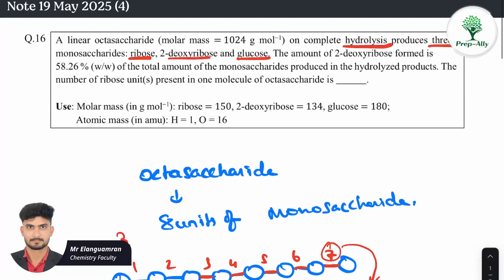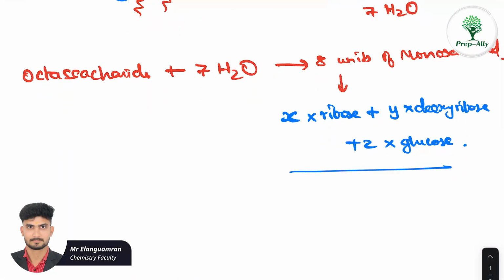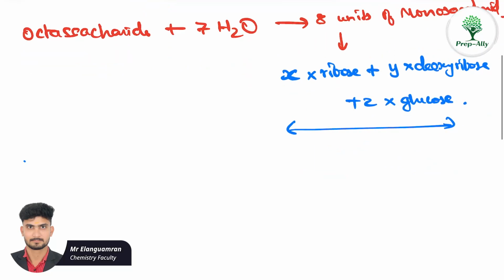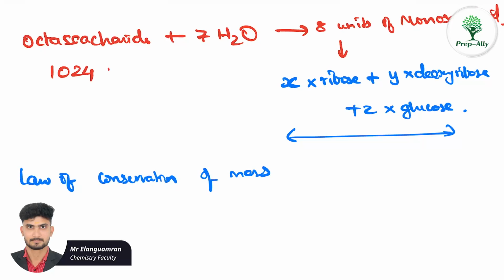they have given one more data: the amount of 2-deoxyribose formed is 58.26% weight by weight of the total amount of monosaccharide. How do I know the total amount of monosaccharide? For that, I can use the law of conservation of mass. So I have 1024 grams per mole of octosaccharide.